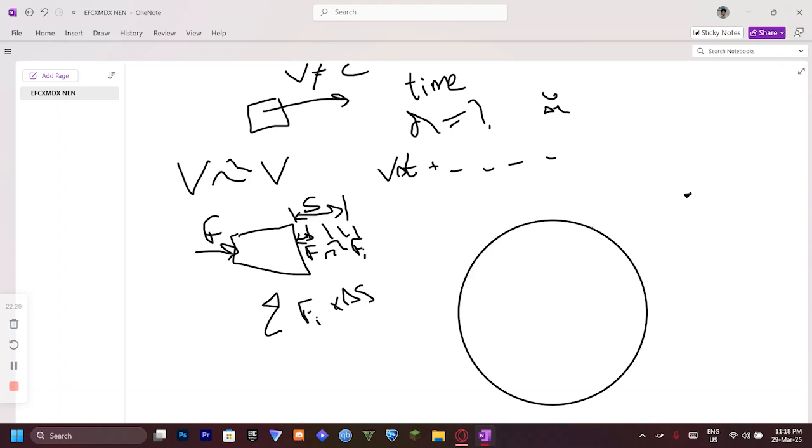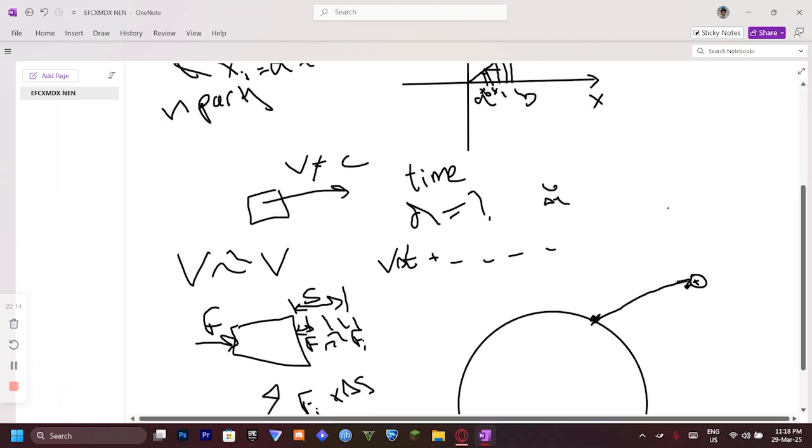So you split the ring of charge into very tiny segments, calculate the force between that segment and your charge, and keep adding that up. Again, you're integrating.